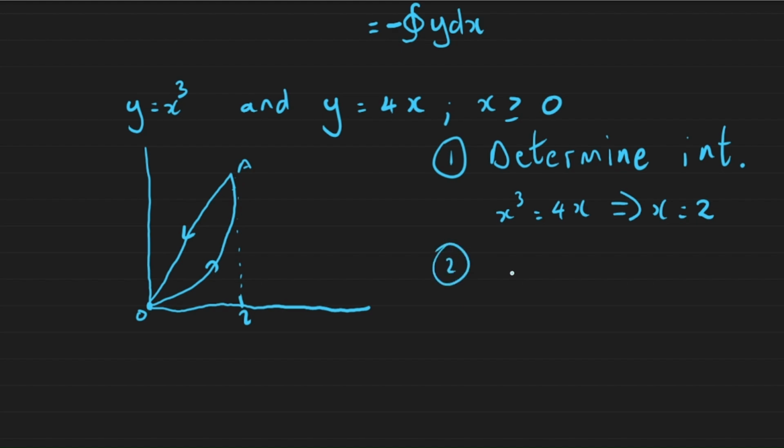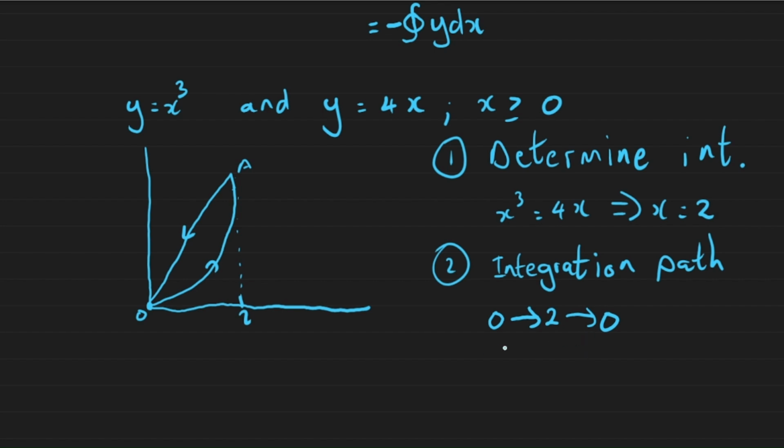And then now we need to specify the integration path. So this would be the integration path. And we see that we go from x equals 0 to x equals 2, and then back to x equals 0.